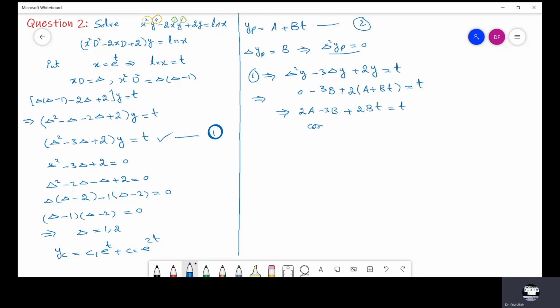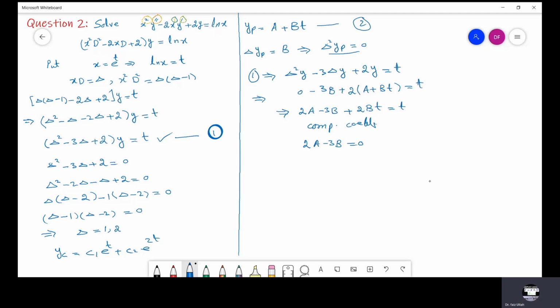Now let us compare the coefficients on both sides. So on the left hand side, the constants are 2a minus 3b is equal to 0. And on the right hand side, we have 0.